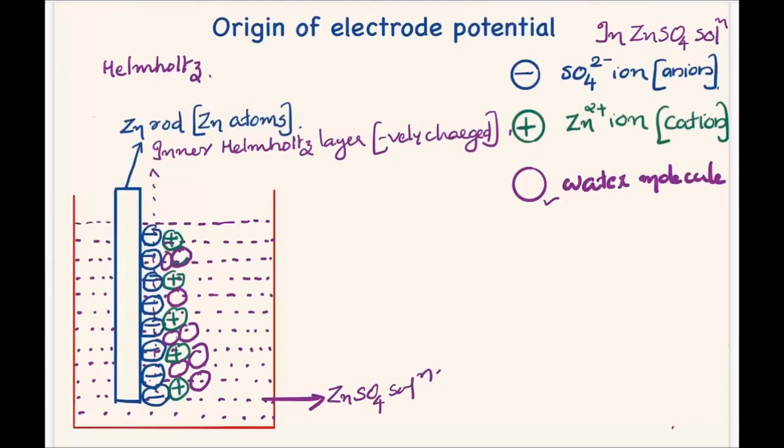So we got now a layer of solvated positively charged cations. We got a layer which consists of positively charged solvated zinc ions, and we call that layer the outer Helmholtz layer, and this layer is positively charged.